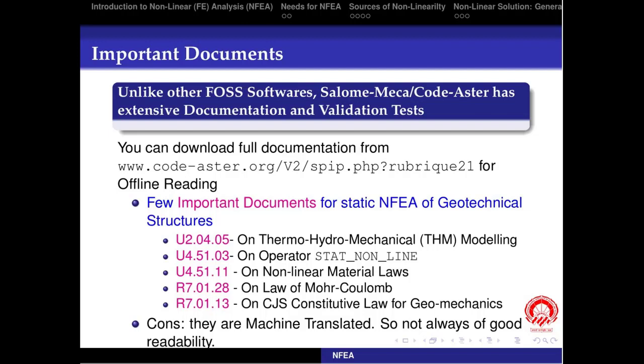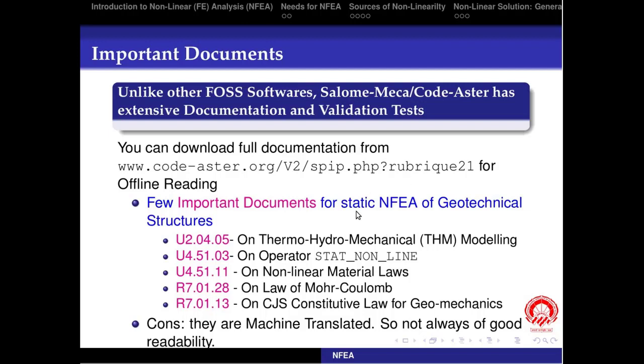It is almost daunting, thousands of pages, and you can download the full documentation for the appropriate version of Code-Aster from this web page. For offline reading, you can download the zip archive, and if you unzip it, you get an index HTML file. Once you load it, you get all the HTML links from there for offline reading.